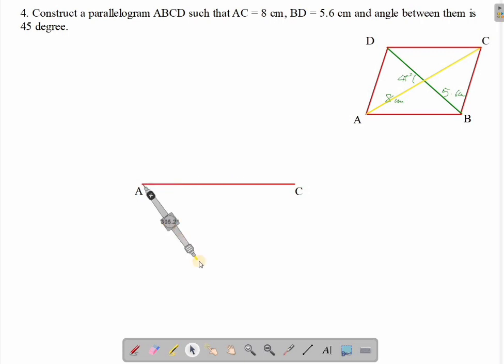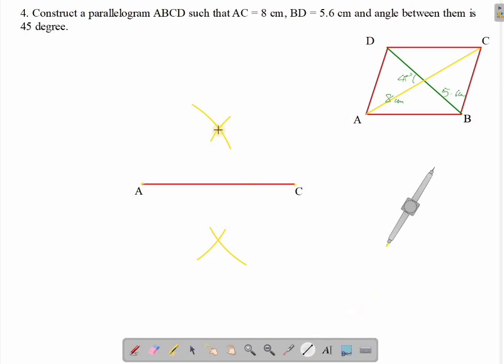So we will repeat the same step. Draw an arc like this. This way also you will draw an arc like this. Now keep it at C and continue the same. Yes, so your perpendicular bisector is almost ready now.